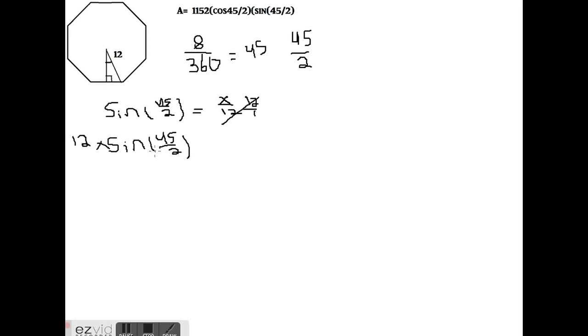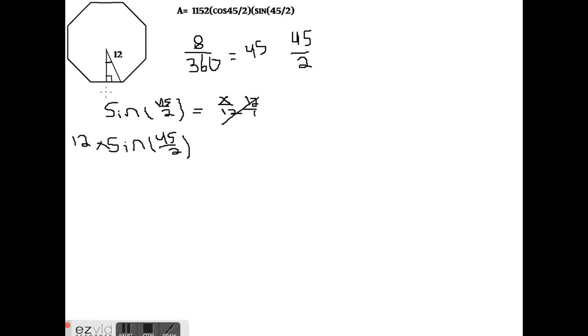Alright, so now we got that. So we know that this is the perimeter. Now, actually this is not the perimeter, this is the opposite, I apologize. So we need to multiply 12 times 2, and then we get 24. And so now we have one side of the octagon, which is 24 times sine 45 over 2.